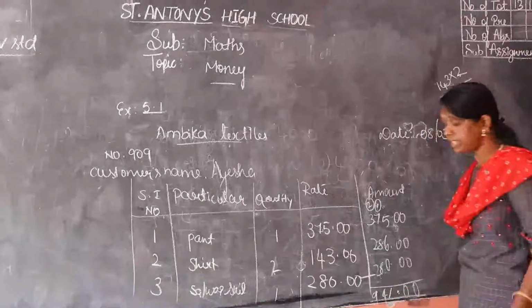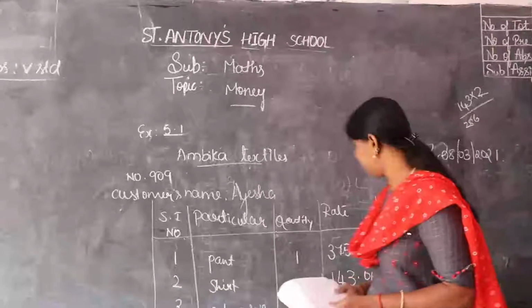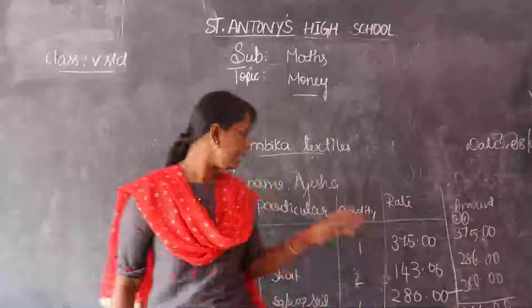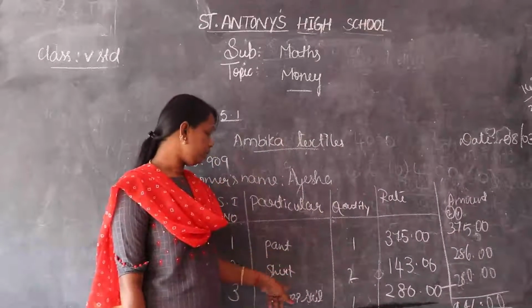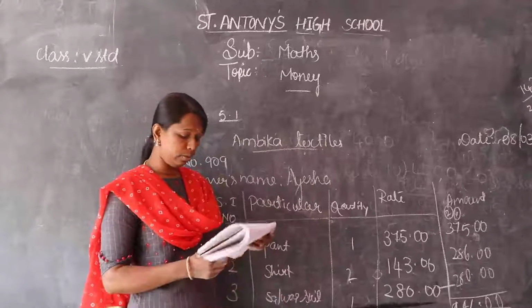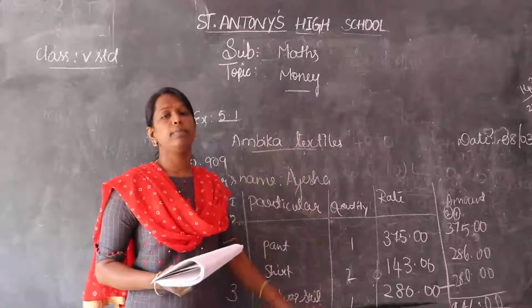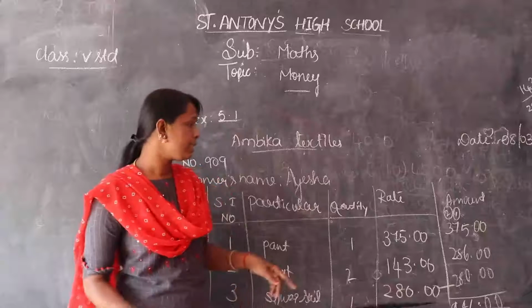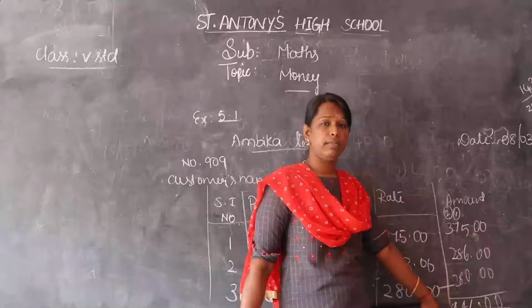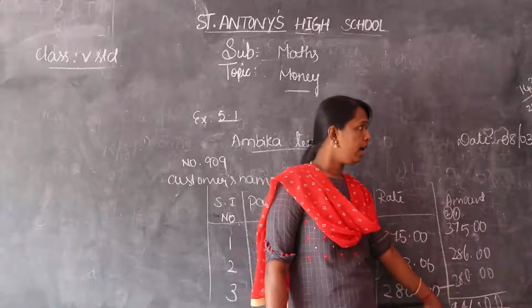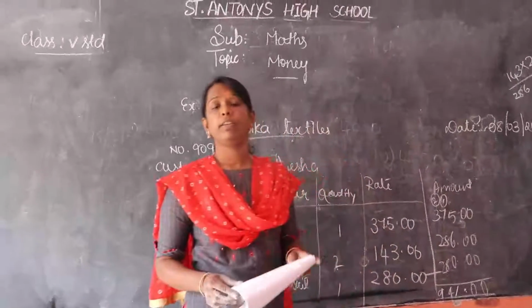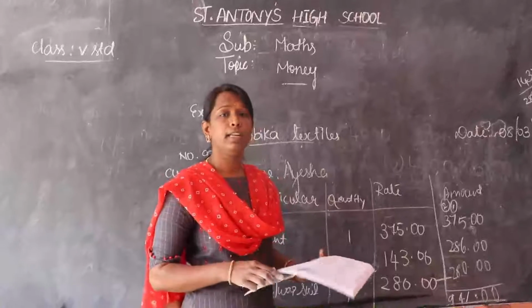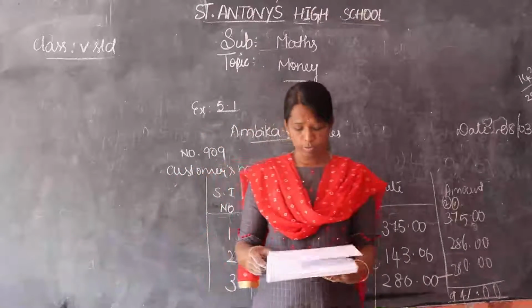The answer is rupees 941 for these particulars. Here they purchase only 1 pant, 2 shirts and a salwar suit. In the last column, write this total amount in words: 941 rupees only. Below that, on the right side, there is a signature from the shopkeeper.